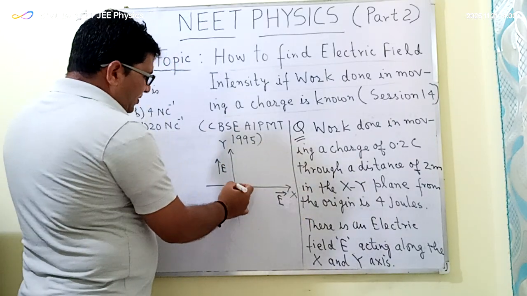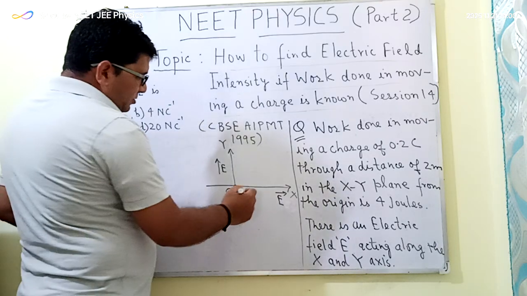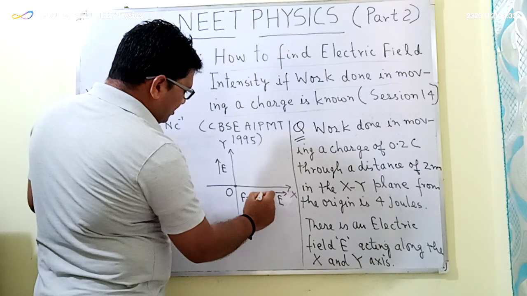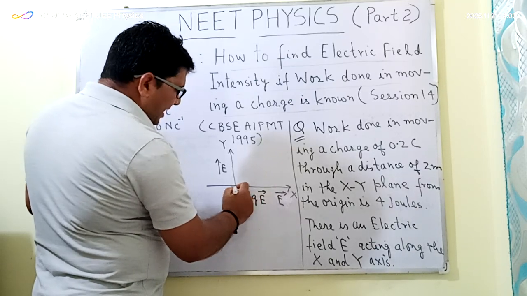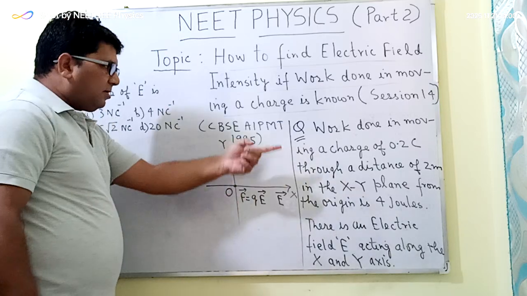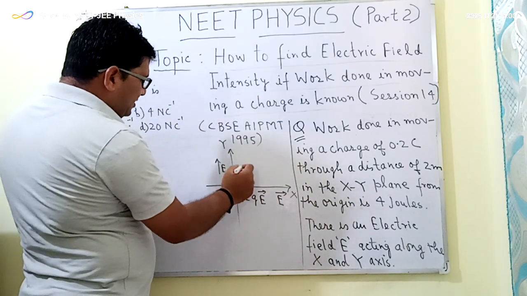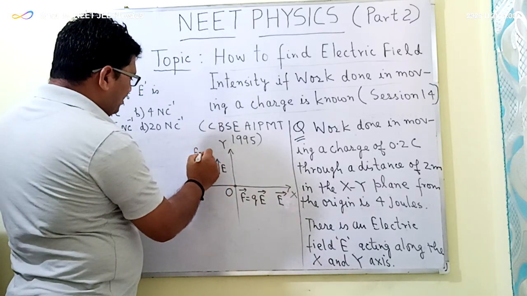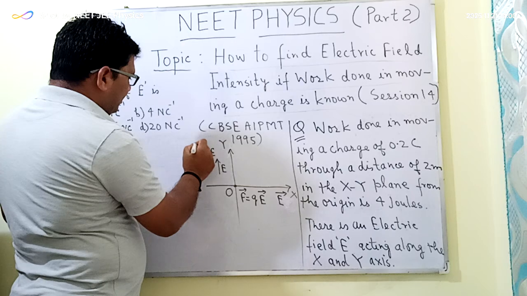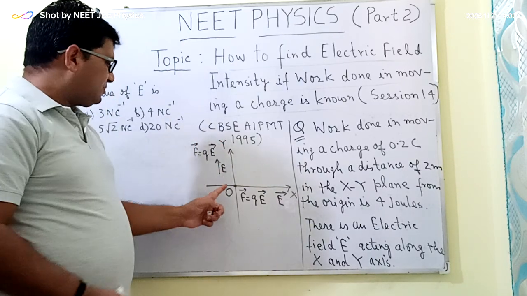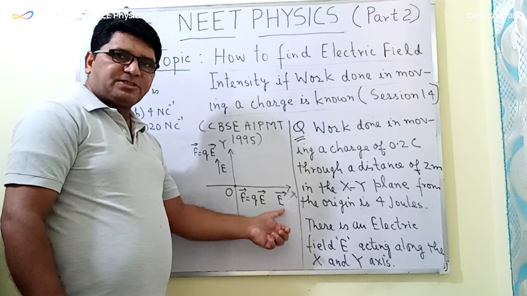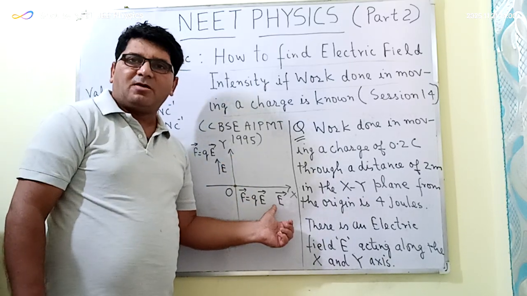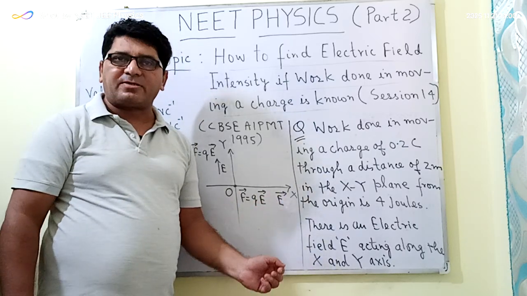If this is a positive charge, a force equal to QE will be acting along the x-axis on this charge, and there will be another force acting on the same charge along the y direction, also equal to QE. Because this is a positive charge, the direction of the force will be along the direction of the electrical field.